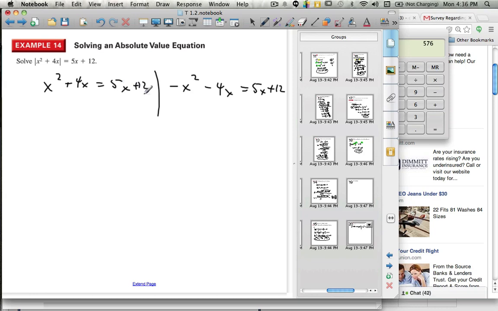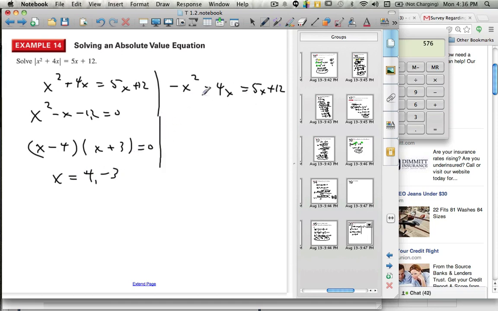If we go ahead and work on this problem, this one is a quadratic. If I subtract 5x, I'll have 4x minus 5x is minus x, and I'll subtract 12. And in this case, I want to find factors of 12 that have a difference of 1. Those would be 4 and 3. So in this case, x would be equal to 4 or negative 3.